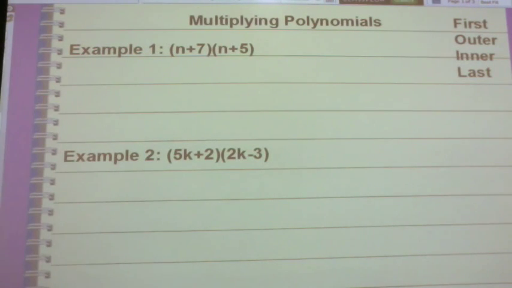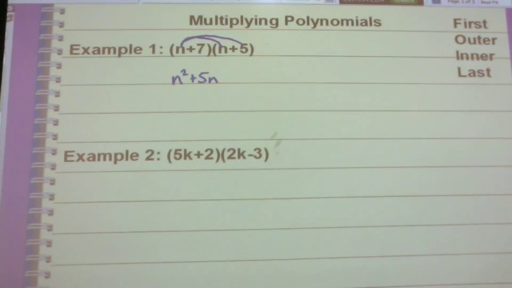Okay, so let's start with distributing twice. Because we're taking a binomial times a binomial and they are both in parentheses, I am going to distribute not only the 7 but also the n. So we're going to distribute the n to the n plus 5. So n times n is n squared, and n times positive 5 is positive 5n.